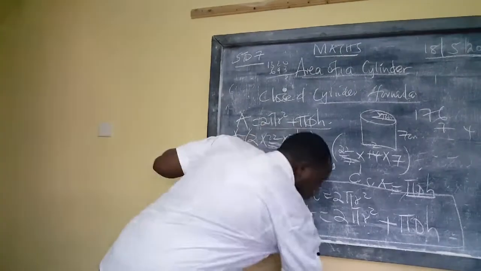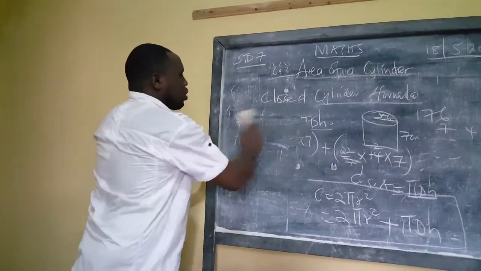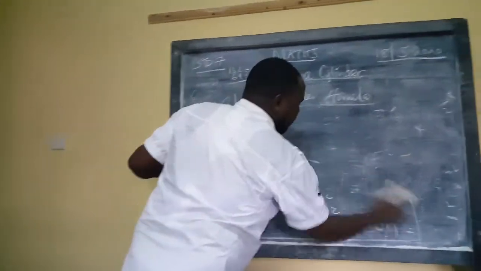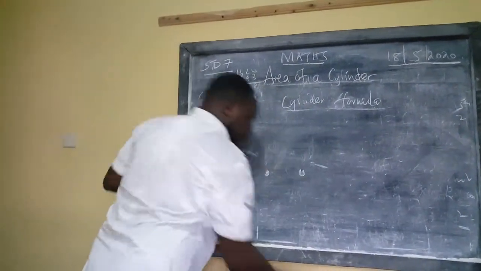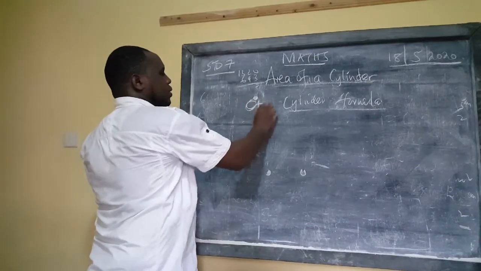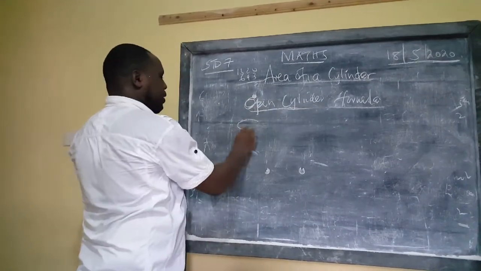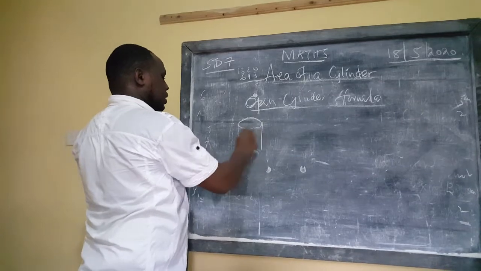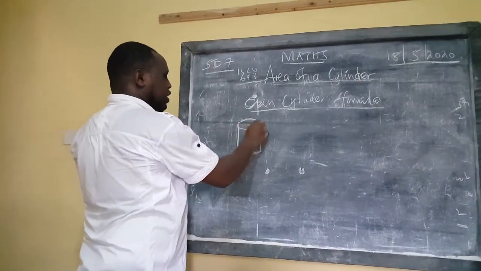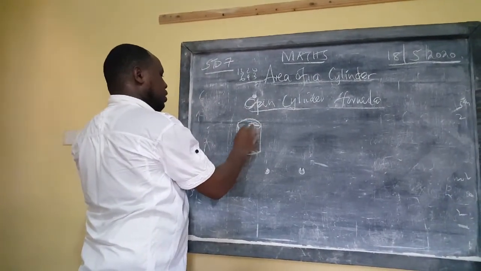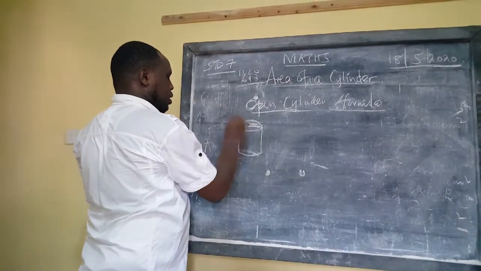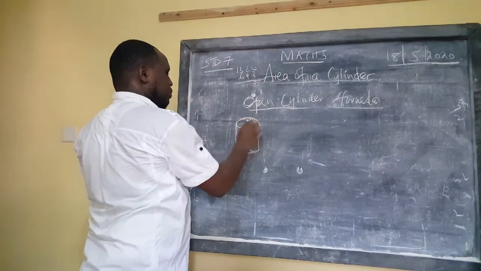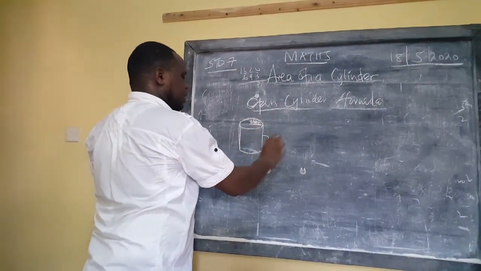Now let's move very quickly to an open cylinder. Open cylinder formula. An open cylinder is going to be like this. I'm going to use the same cylinder. Let's make this 14 centimeters and this 7 centimeters.